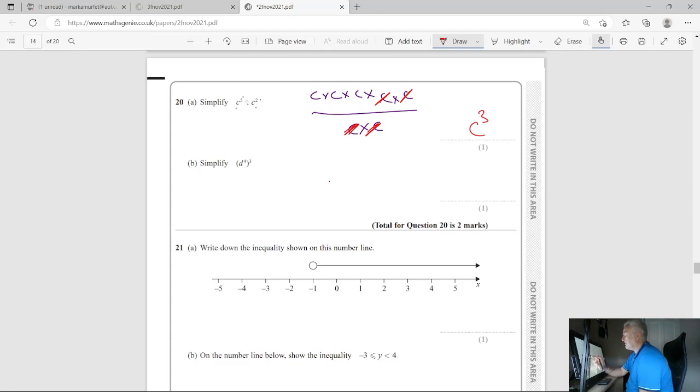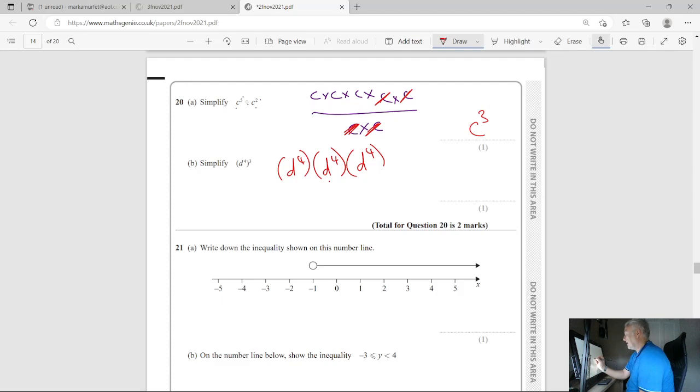Looking at d to the power of 4, all to the power of 3, that means I've got d to the power of 4 multiplied by d to the power of 4 multiplied by d to the power of 4. That's what it's doing. It's multiplying by itself 3 times.